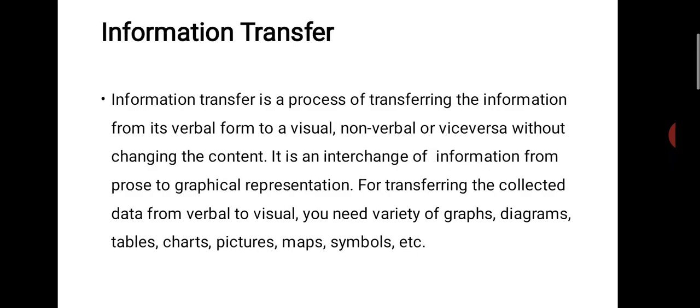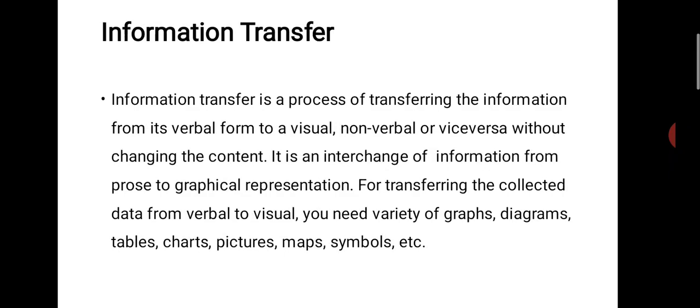You have to only change the form of presentation.